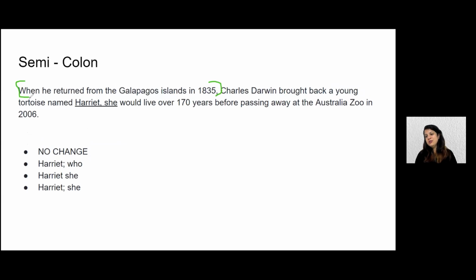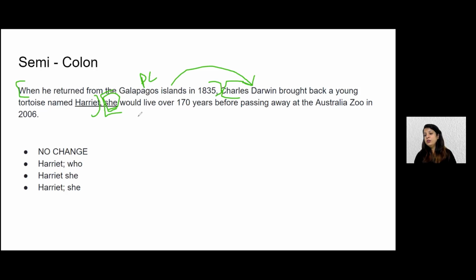Because the previous sentence was starting with while, this is starting with when, this is also a dependent thing, right? Then I have a comma. This is from where the main sentence is starting. So this is actually adding information to this main sentence. So I'm saying Charles Darwin brought back a young tortoise named Harriet. Now I realize there is a new subject. The first sentence was about something else. The next sentence is about something else. It should get me to thinking.